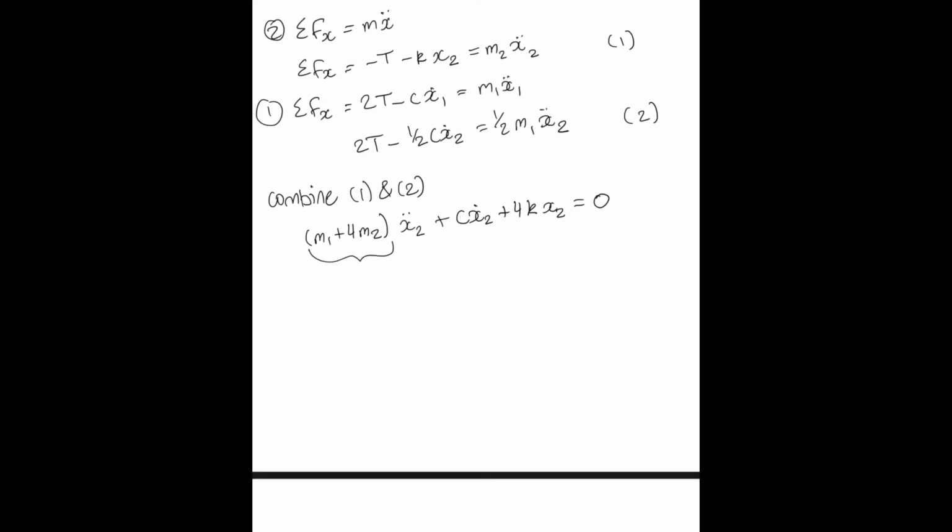Now if we remove those masses, we're going to divide them. So we're going to get x double dot 2 plus c over (m1 plus 4m2) x dot 2 plus 4k over (m1 plus 4m2) x2 equals 0.